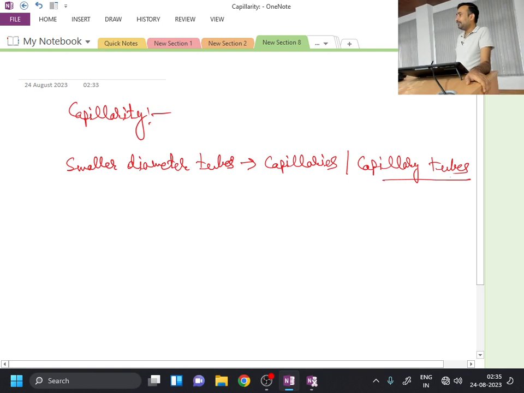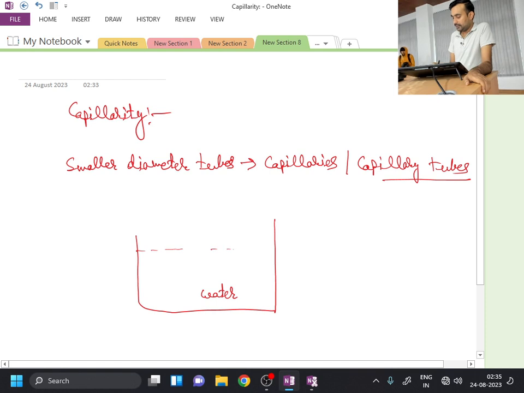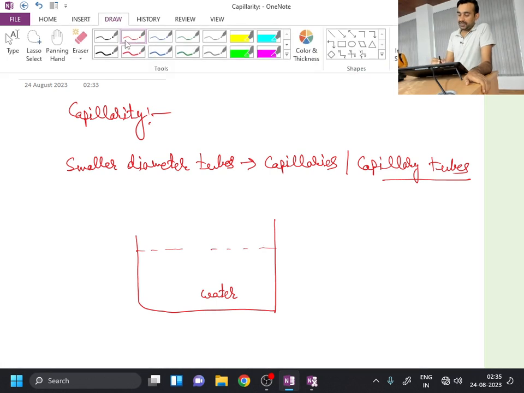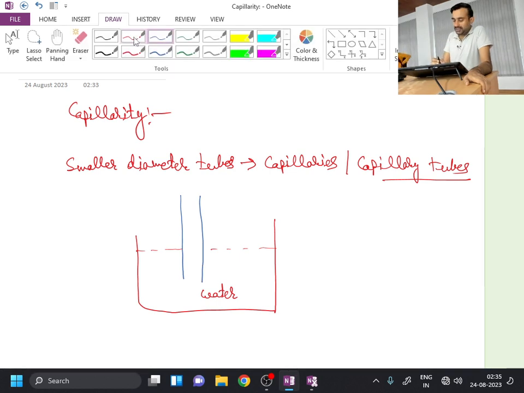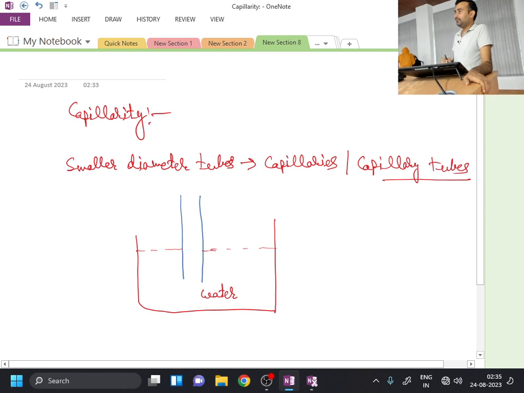So typically what happens, say if I have a container, and in this container I have any fluid filled. For example, this is water over here in the liquid state. Okay, so this is the free surface of the water. Now if I put a small diameter tube inside this, what will be happening?